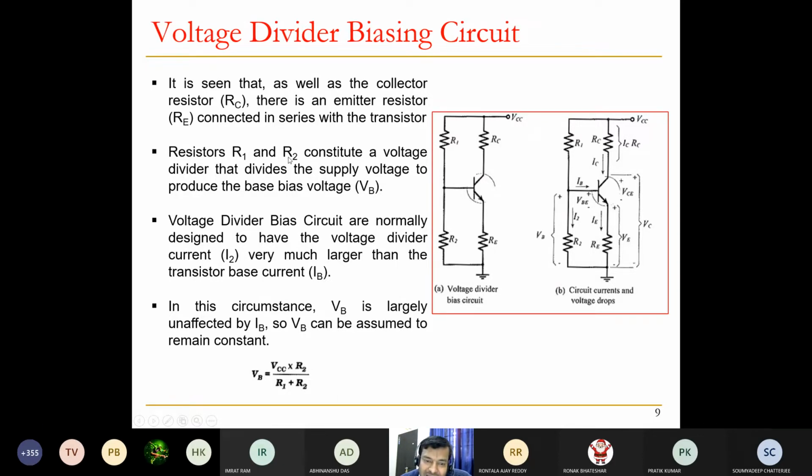And why is it important? Because voltage divider bias circuits are normally designed to have voltage divider current I2 very much larger than the transistor base current. Otherwise, what will happen?